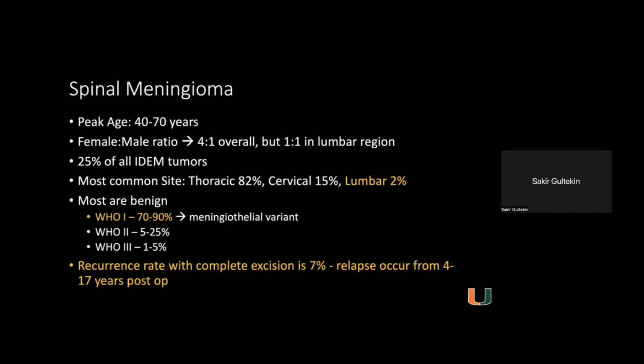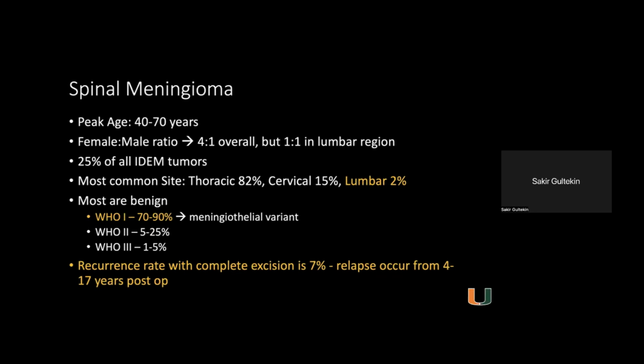But I don't understand this meningothelial variant, because there are many variants of meningioma that can be a grade 1. Psammomatous meningioma and other types, so fibroblastic meningioma, secretory meningioma, they can all be easily grade 1. So there shouldn't be a misunderstanding that the only WHO grade 1 tumors are the meningothelial variant.